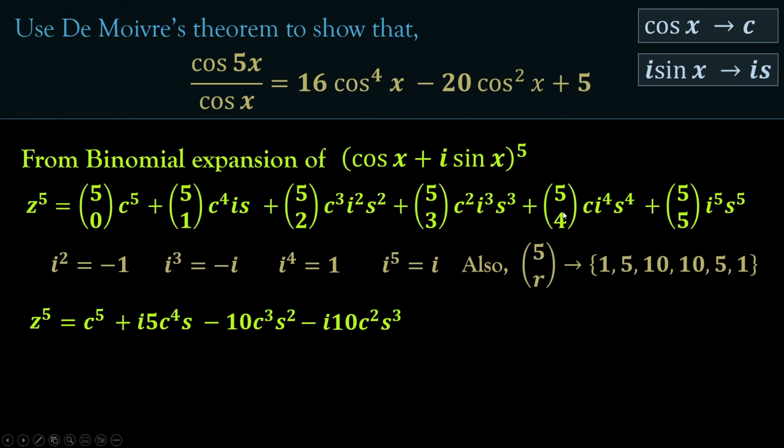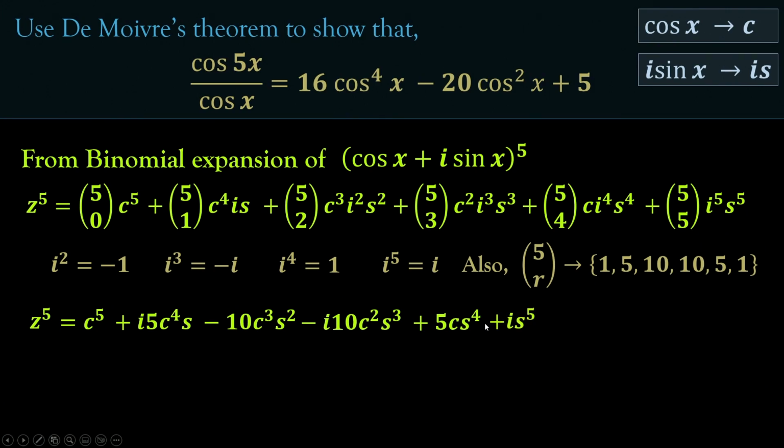So we're going to just have 5 c s to the power 4. And lastly, that is the same thing as i, as we've seen here. And 5 combination 5 is 1. So if we replace this, then I just have i s to the power 5.